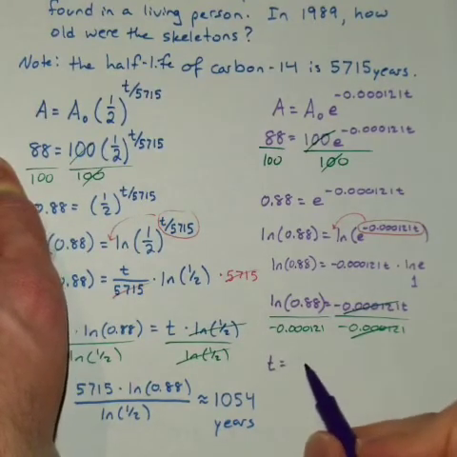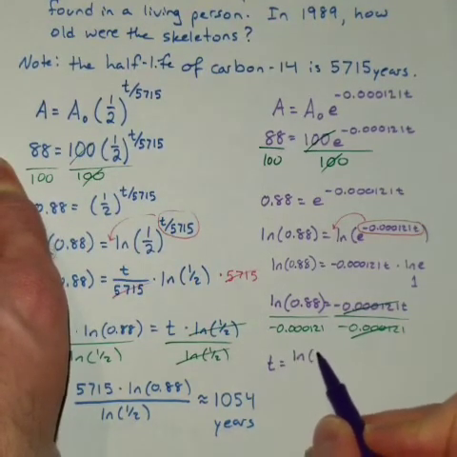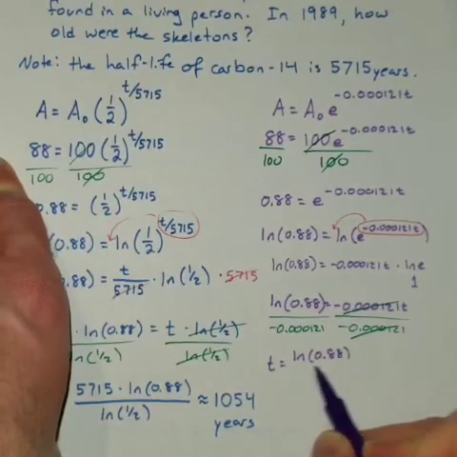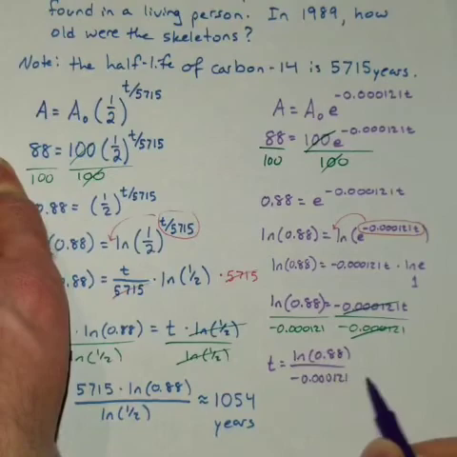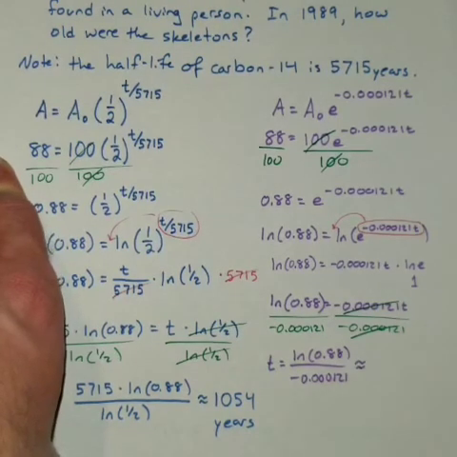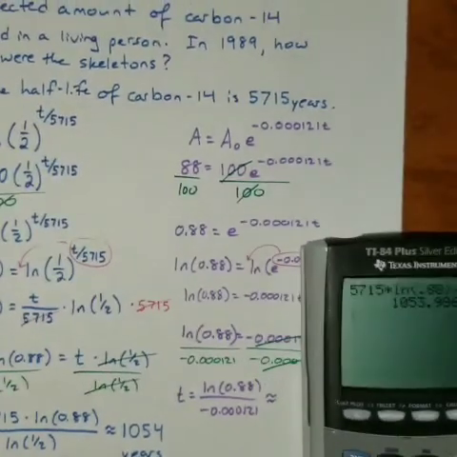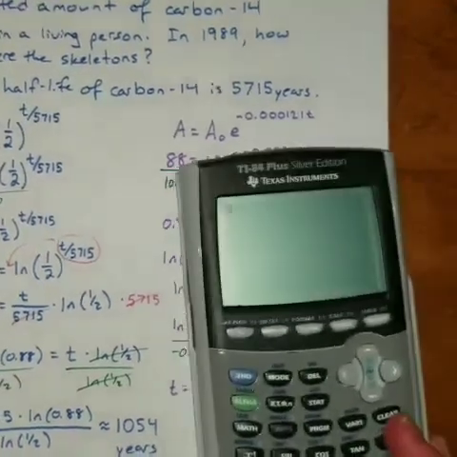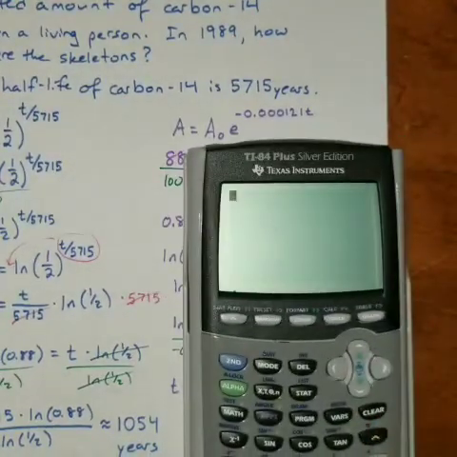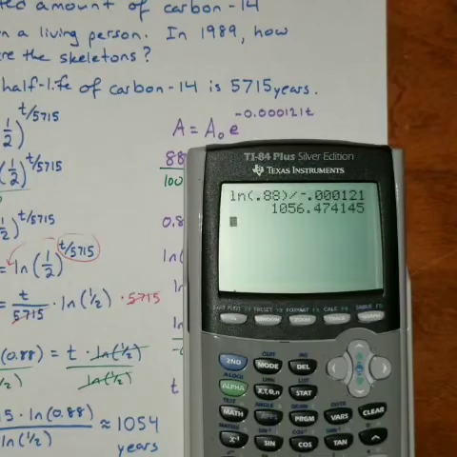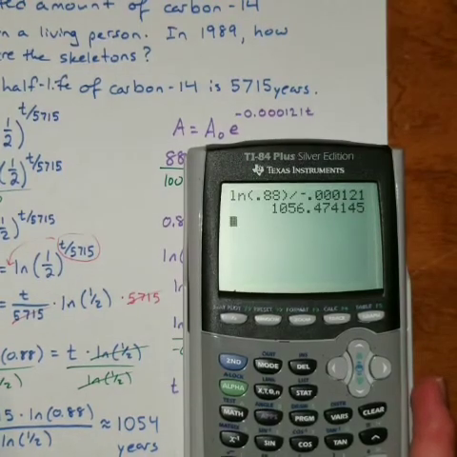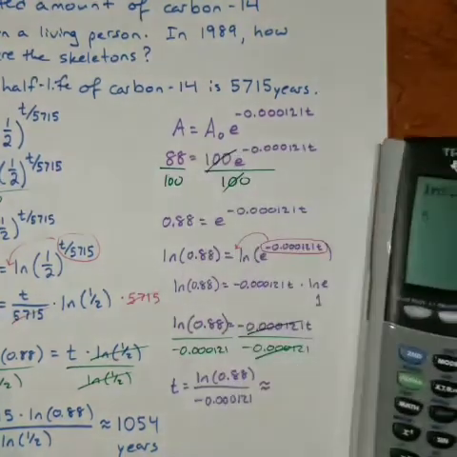And I get t equals ln 0.88 over negative 0.000121, which if I throw that in the calculator, that would be the natural log of 0.88 divided by negative 0.000121. What you'll find is almost the exact same value we had before.